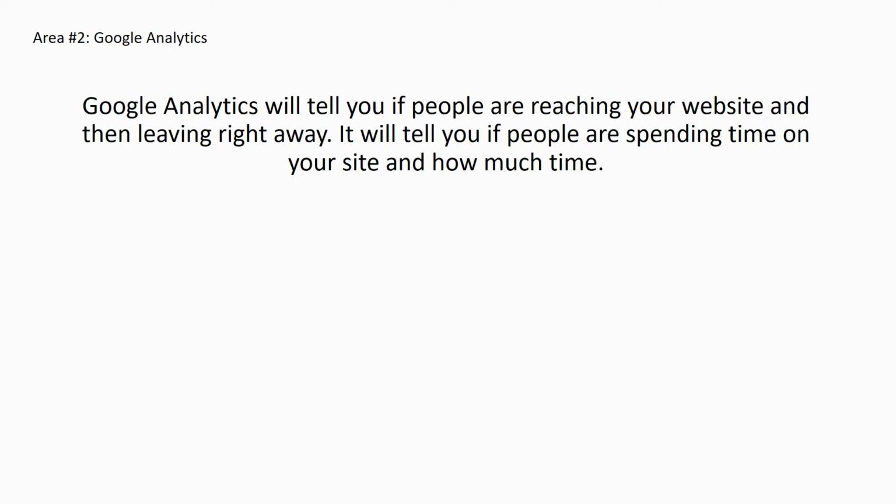So Google Analytics will tell you if people are reaching your website and then leaving right away, so you can figure that problem out and solve it. It'll tell you if people are spending time on your site and how much time. It'll tell you what subjects they're spending the most time on, what articles, what videos, especially with analytics on YouTube, which is also a kind of Google Analytics.